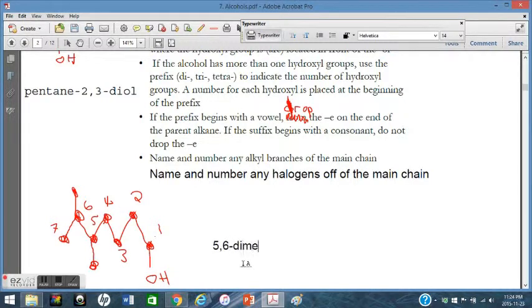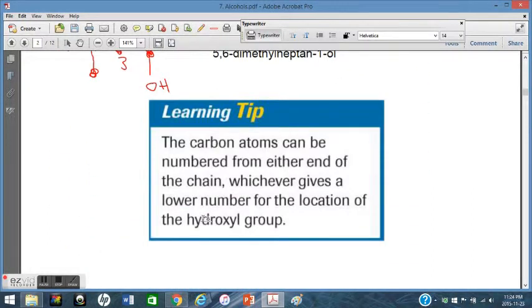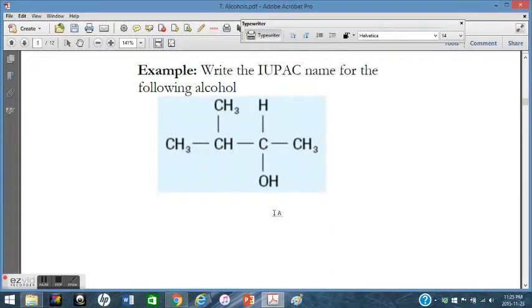We have 5,6-dimethylheptan-1-ol. It's going to have just a single one, so I drop the e. If I wanted to add a chloro or a bromo somewhere, I could have done that as well. I did not. And again here we want the lowest number for the location of the hydroxyl group.